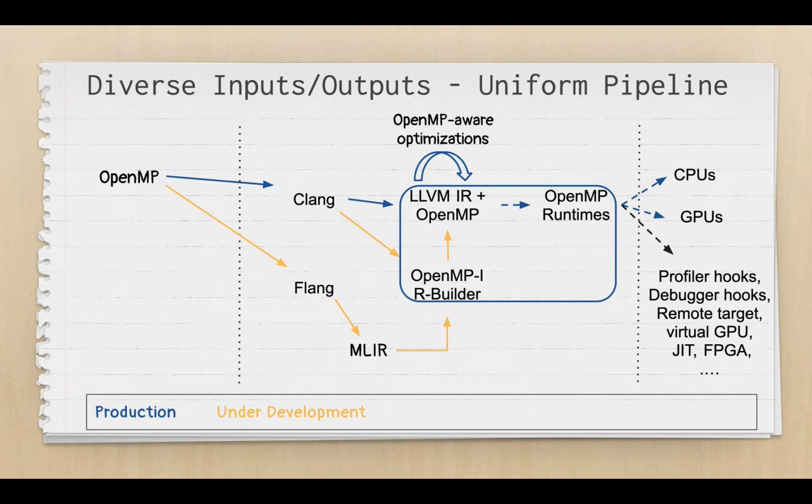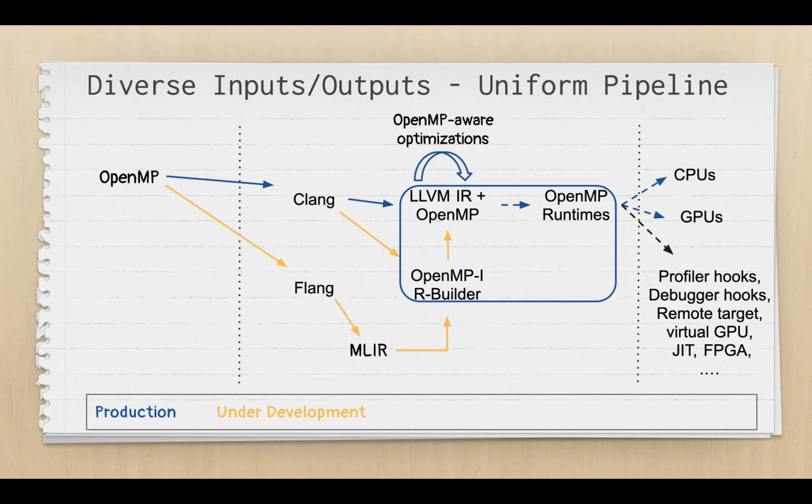You have OpenMP code, you pipe it into Clang or Flang. That is then translated to LLVM intermediate representation and OpenMP runtime calls. And then we perform OpenMP-aware optimizations on that. We link in the OpenMP runtimes, and then we execute this on CPUs, GPUs.